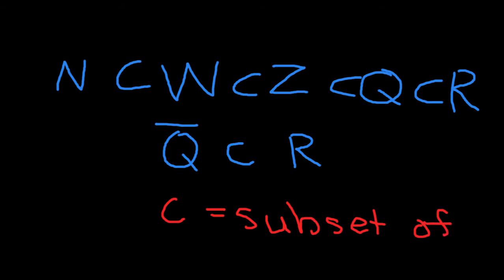So what this is saying is that all natural numbers are a subset of all whole numbers, which are a subset of all integers, which are a subset of all rational numbers, which are a subset of all real numbers. R is real. The name of this topic is the real number system, so basically we're learning all the real numbers in the system.